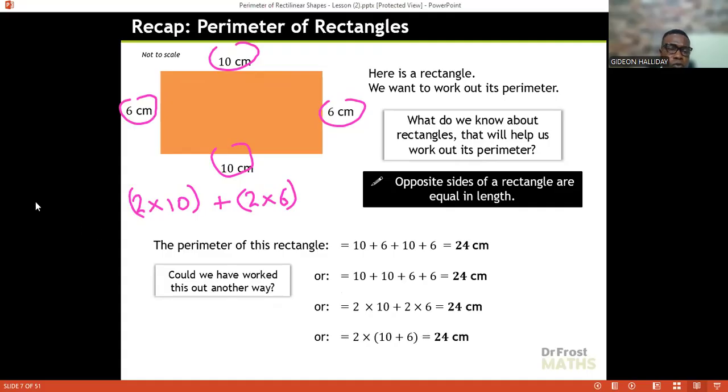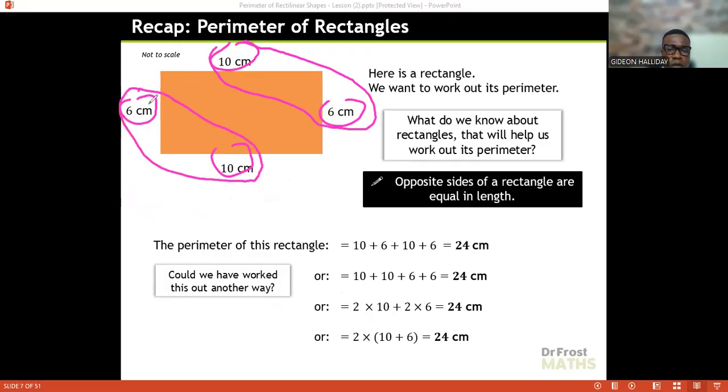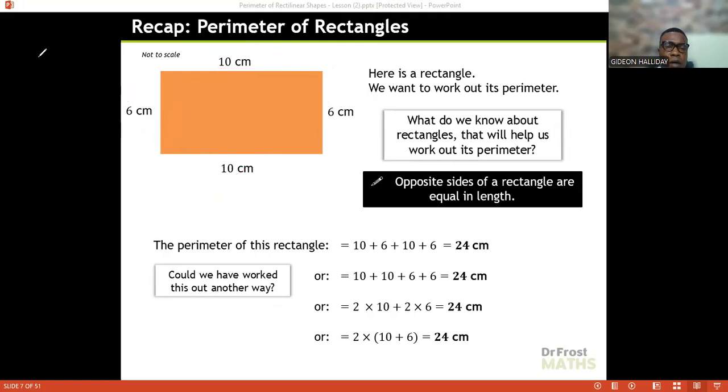Or we could do, since there are two of this, this is my favorite, there are two, 6 plus 10, 6 plus 10, there are two of them. So we can do 6 plus 10, times 2. That also works, right?